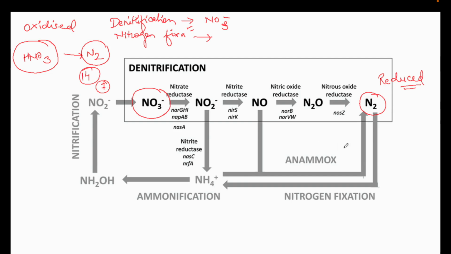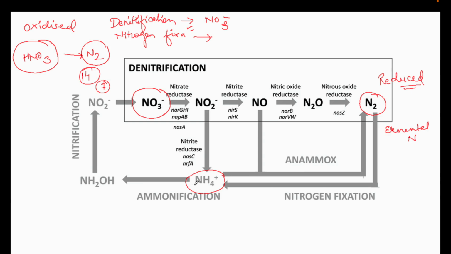Fixation is very simple. This N2 is known as elemental nitrogen, and from elemental nitrogen it is fixed to ammonia. Many bacterial species like rhizobium fix ammonia for the plants. This is known as nitrogen fixation, where elemental nitrogen is converted to ammonia.